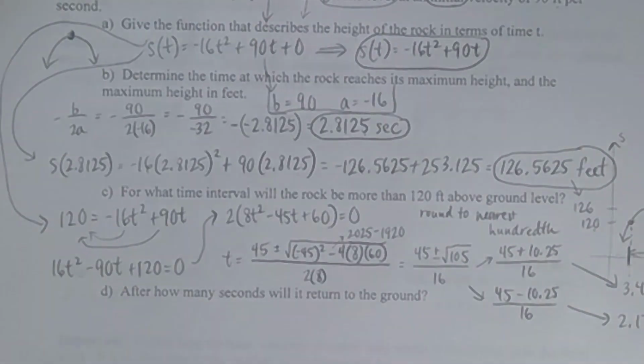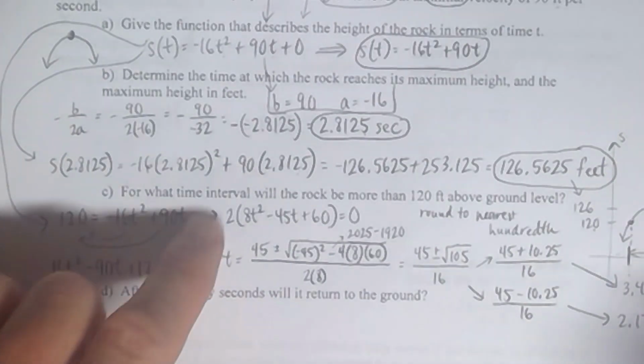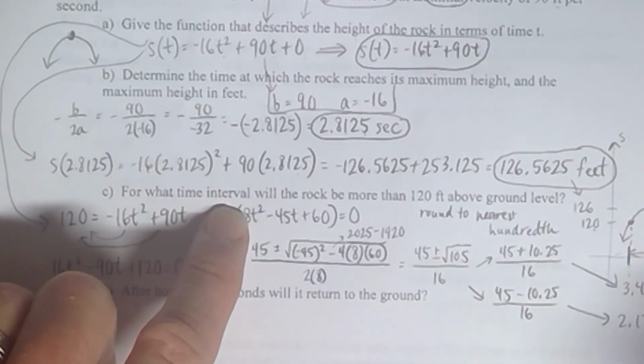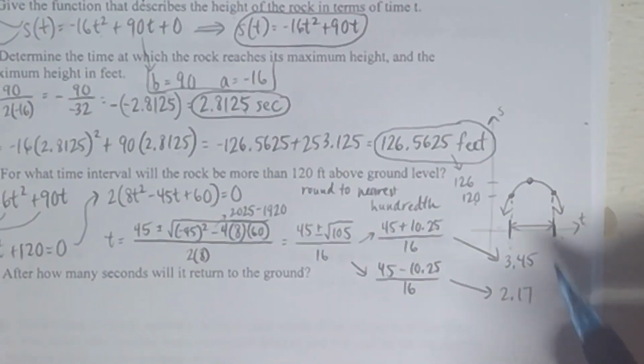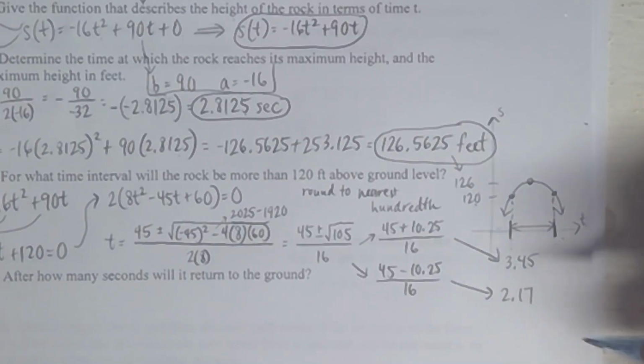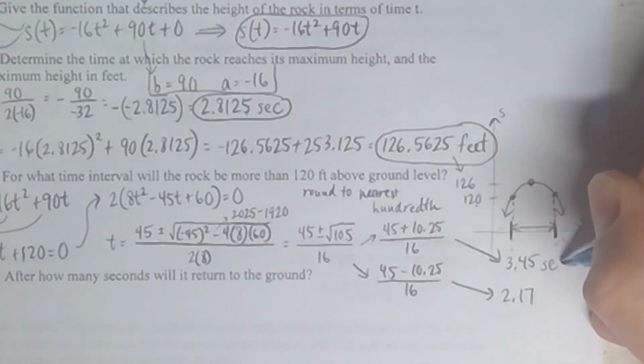What are those two measurements there? How are they measured? Well, it says time interval. In other words, from what time to what time. Since this is measured according to time, it's got to be in seconds.